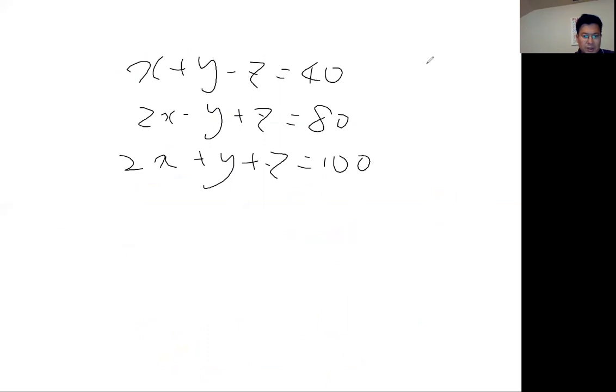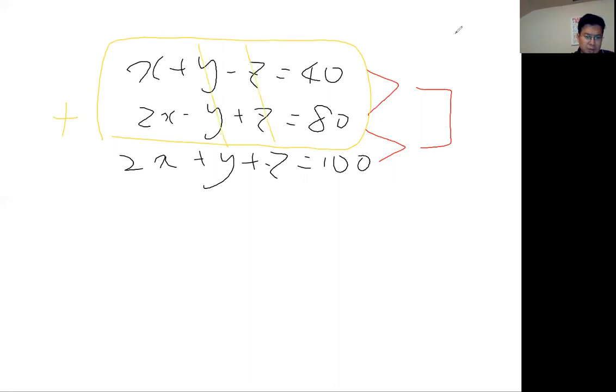The typical way is to work out two equations first and eliminate one variable, then take out the same variable from the other pair, and work those two out to get the answer. But if you look at this question closely, if you add these two, this one goes away, this one goes away. So it's much simpler than you might think: 3x equals 120, then x has to be 40.